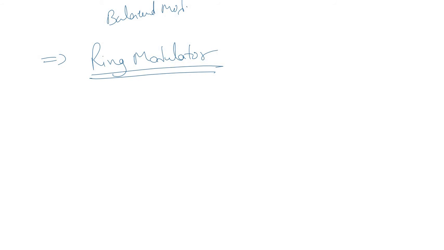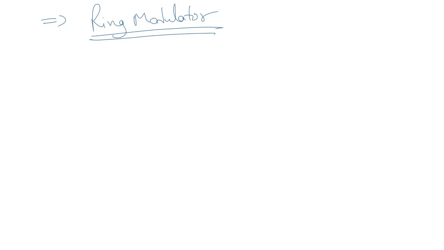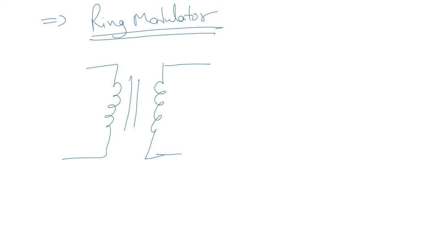I'll first draw the circuitry of the ring modulator, and then we'll move on to the logic behind the working of that circuit. So we have primary induction coils, then we have a combination of four diodes in the form of a ring.